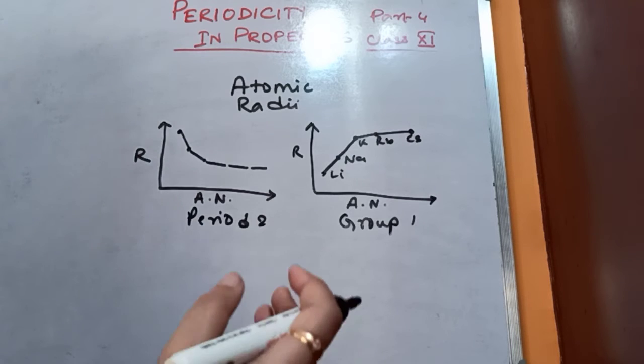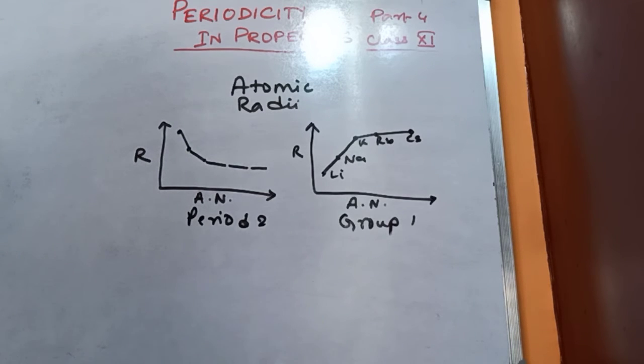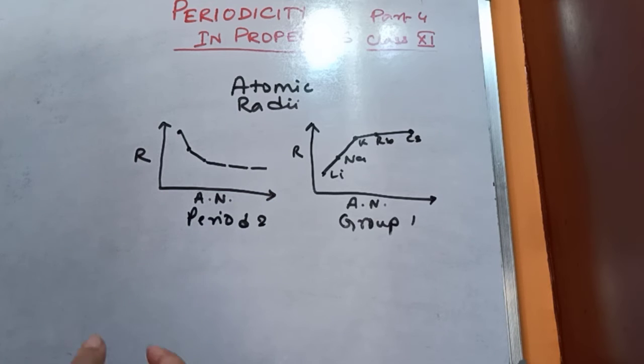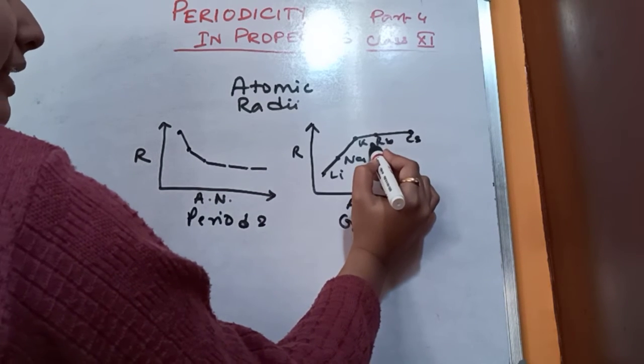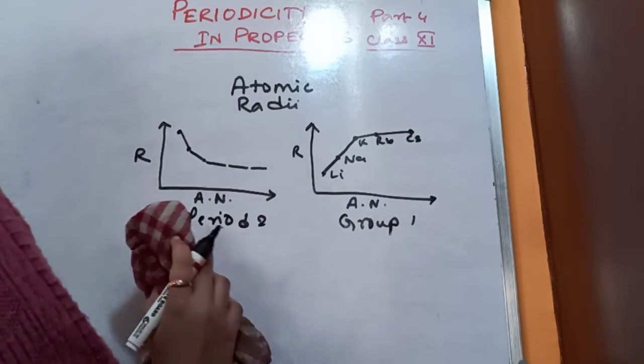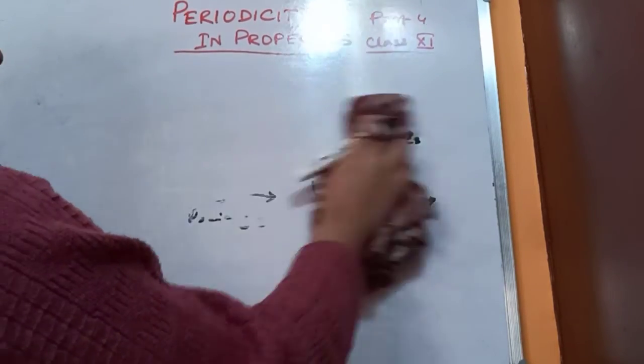We know that the D block and F block elements have poor shielding effect. Since they have poor shielding effect, there will be d-block contraction as well as lanthanoid and actinoid contraction. As a result, there is a gradual increase in the atomic radii, not a steep increase. So this is about atomic radii.